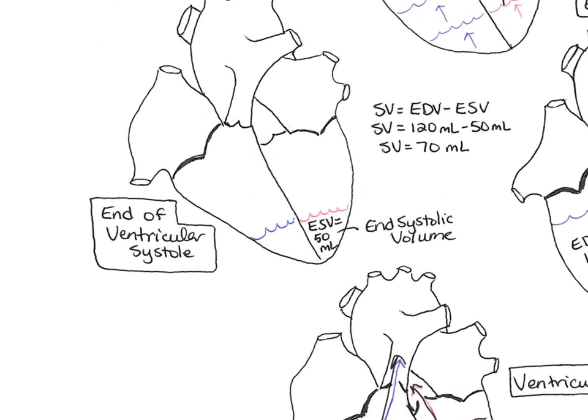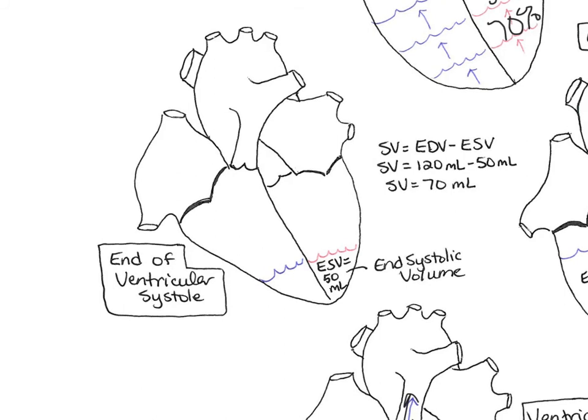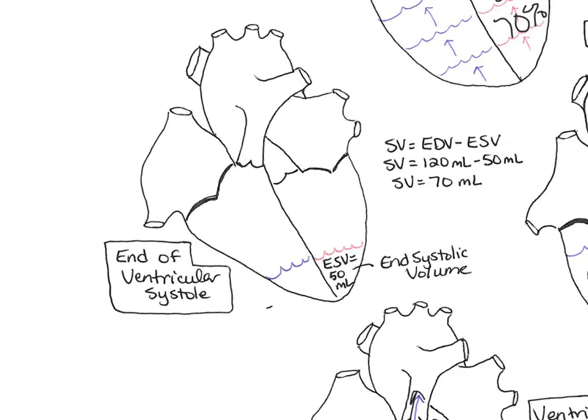And at the end of the ventricles contracting then, at the very end of ventricular systole, there's still a little bit of blood left in those ventricles. Just a little bit of blood left in the ventricles. That blood that's left is called the end systolic volume. It's at the end of ventricular systole. That's what we have left. So that's why we call it the end systolic volume.